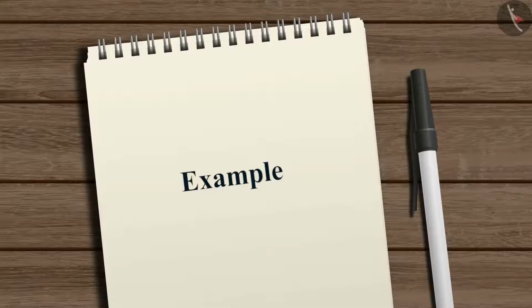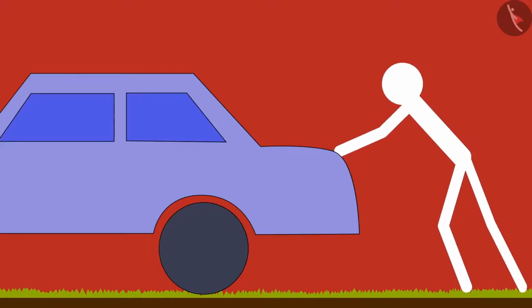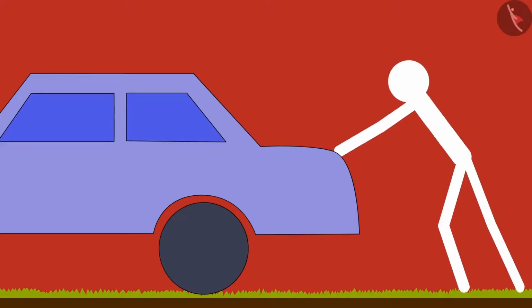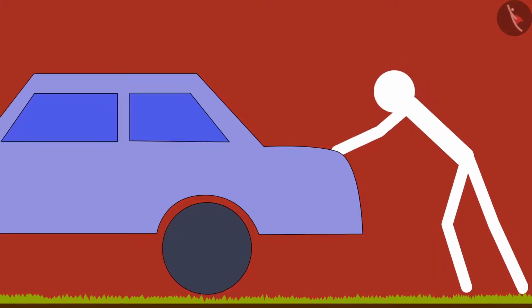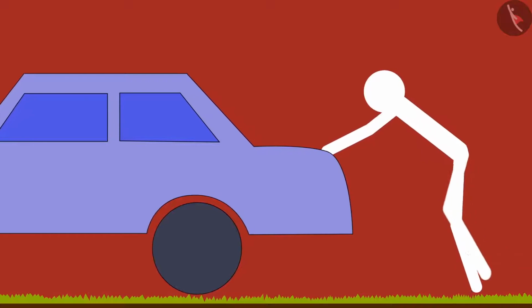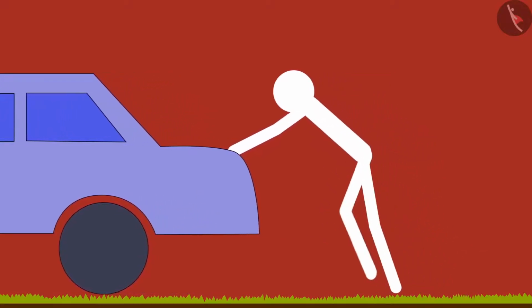Now, let us consider an example of pushing a car. When a person gives a sudden push to the car, it hardly moves. But if the person continues pushing for some time, the car may gradually gain some acceleration and start to move.